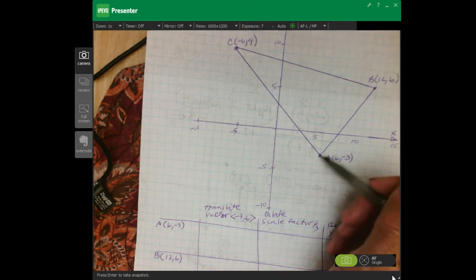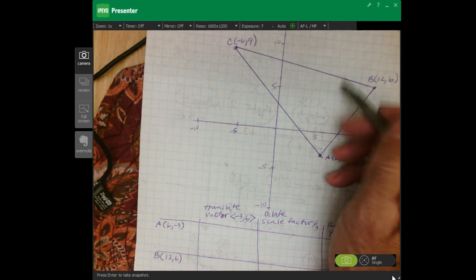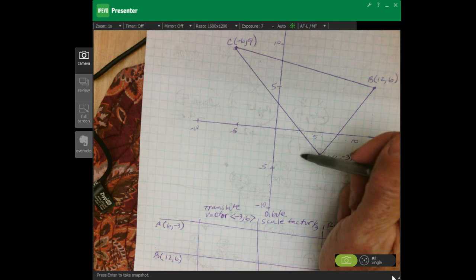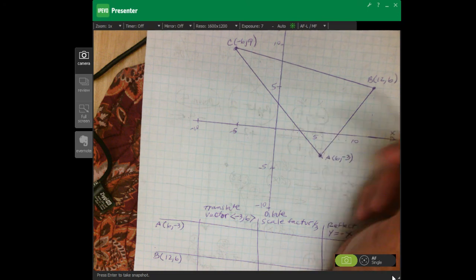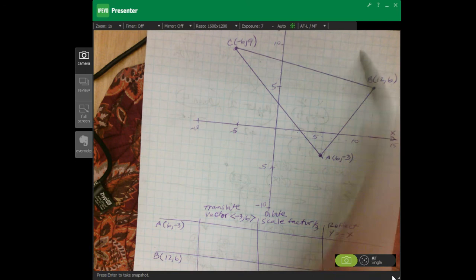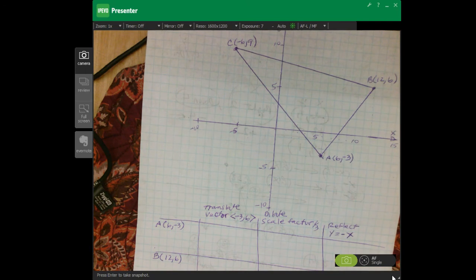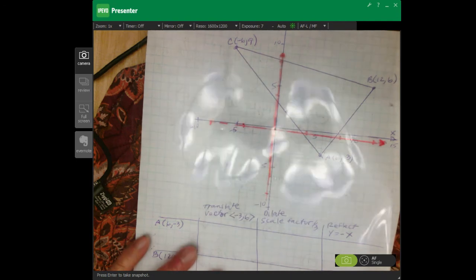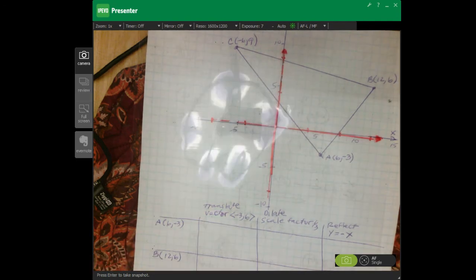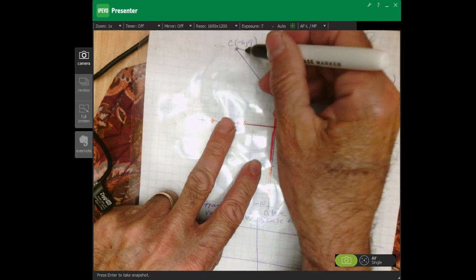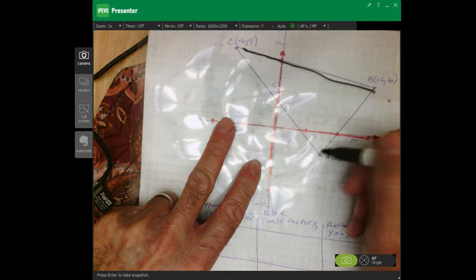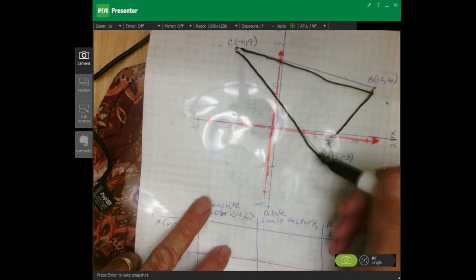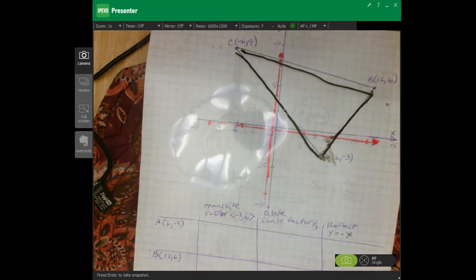So this point will move the same as this, but they will both be in different locations when they are done. So after moving 3 to the left and 6 up, it'll be up here. This one will be up here. So you will have your triangle, and I'm not doing a very good job, but this is just going to be quick.